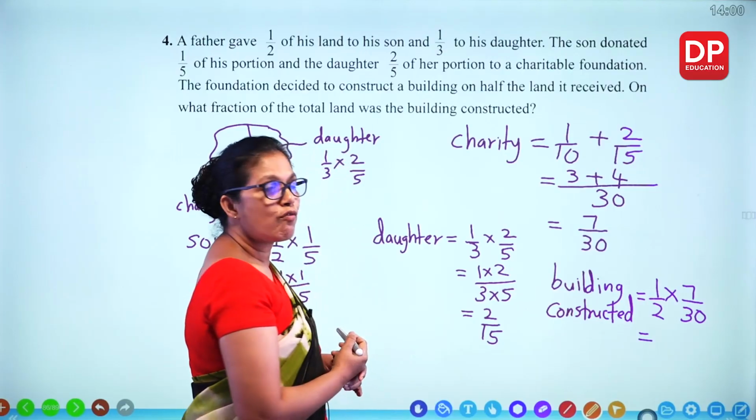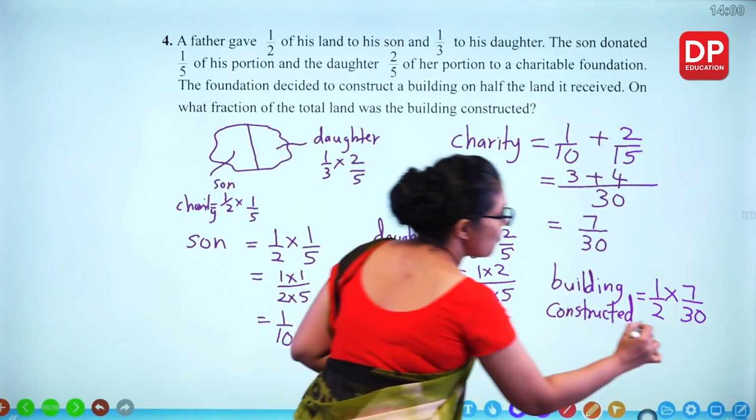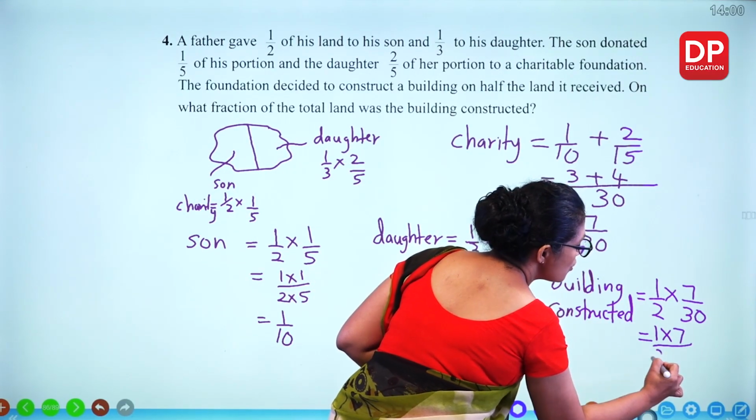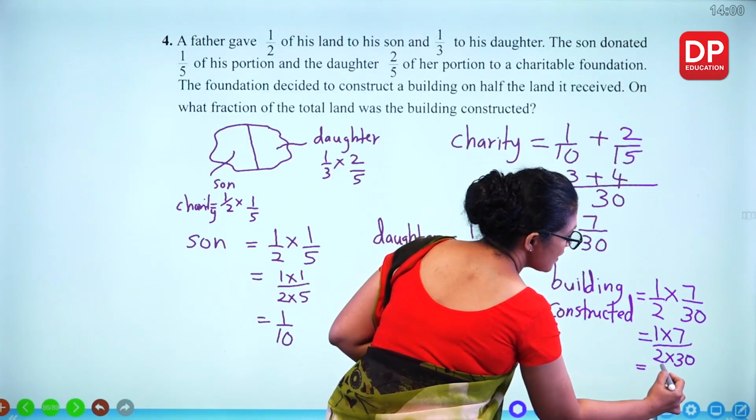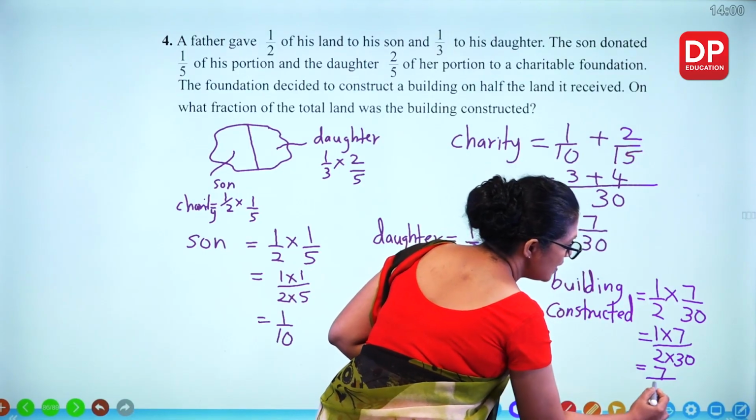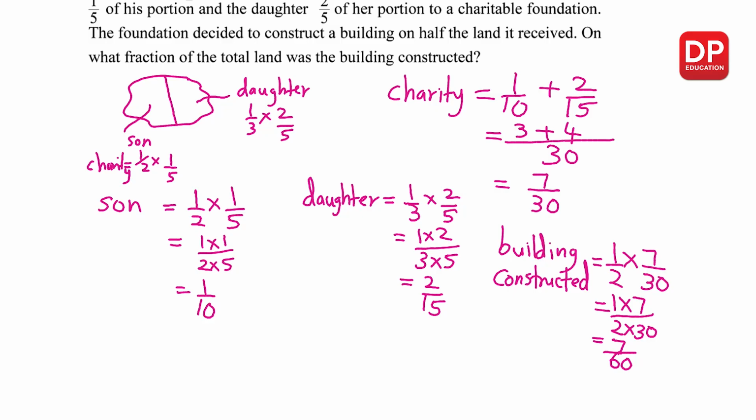So what is half of 7 over 30? So 1 into 7 over 2 into 30, you get 7 over 60. So the answer is 7 over 60 as a fraction.